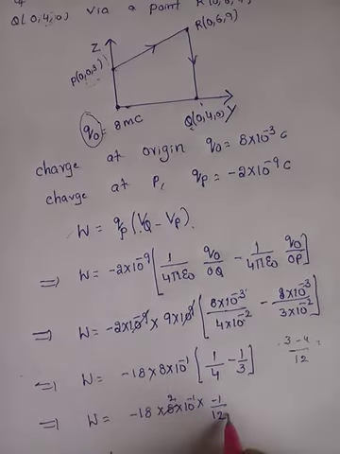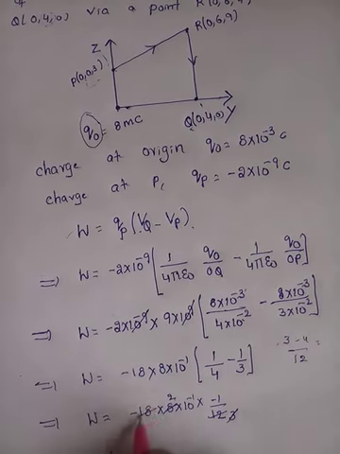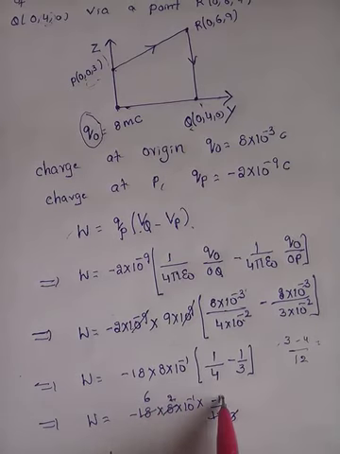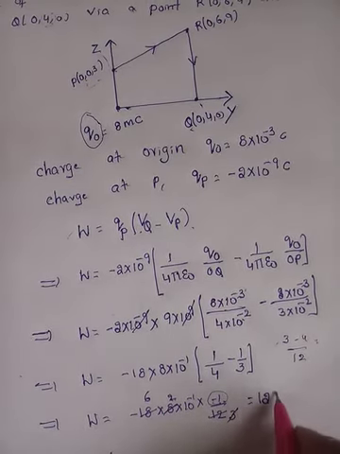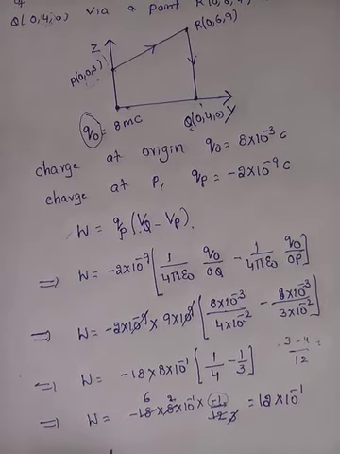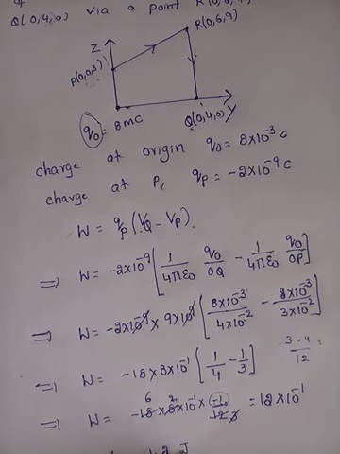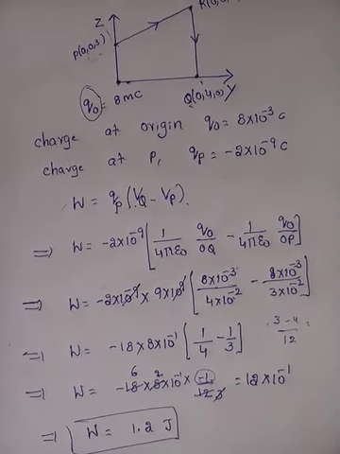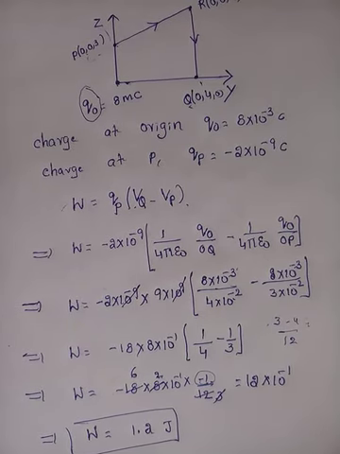Minus into minus is plus. The remaining is 12 into 10 raised to minus 1. So finally, the work done is 1.2 joules. This is the work done to bring a charge from P to Q via R.